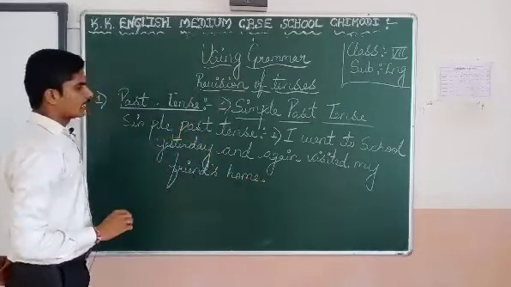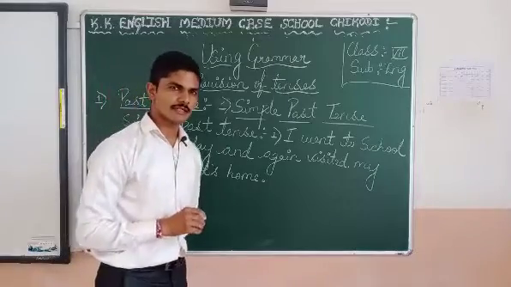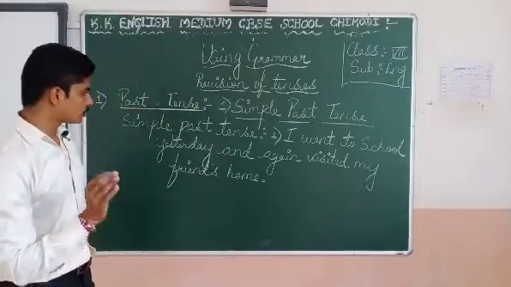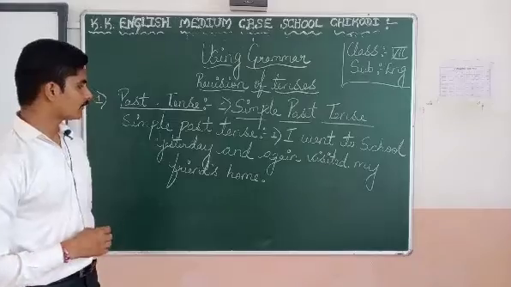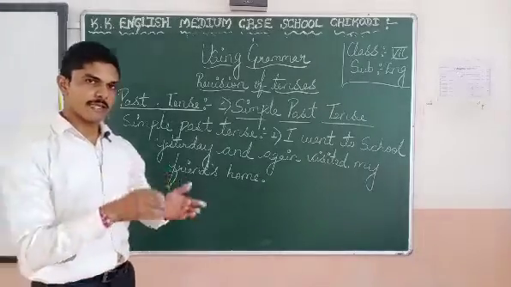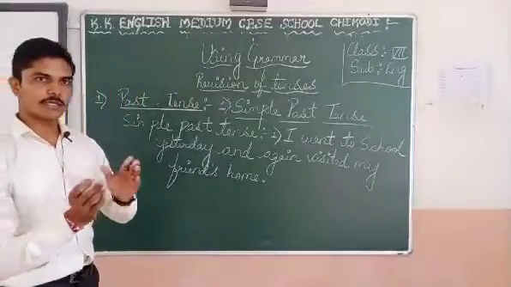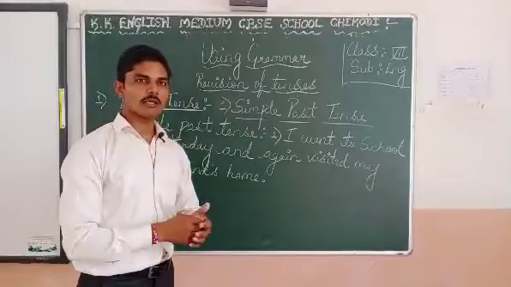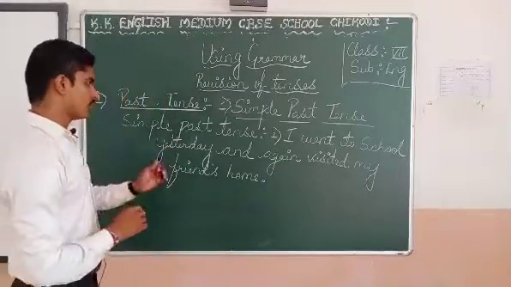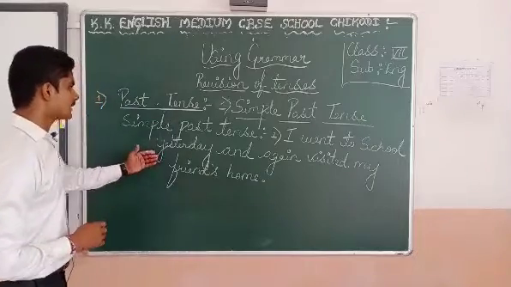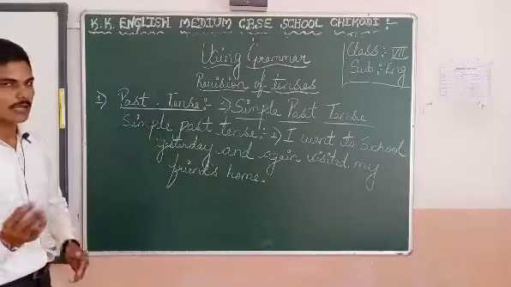Okay, see here, let's say you went to school yesterday and again visited my friend's home. On the same day you went to the school and on the same day you visited your friend's home after your school left. So this sentence comes under simple past tense.